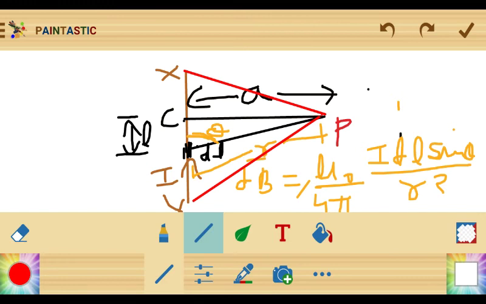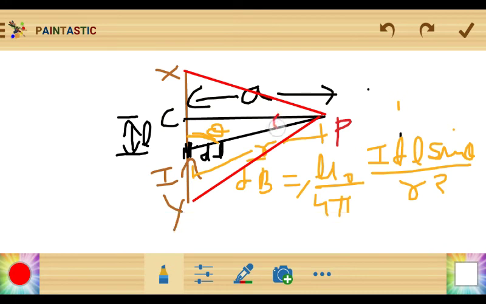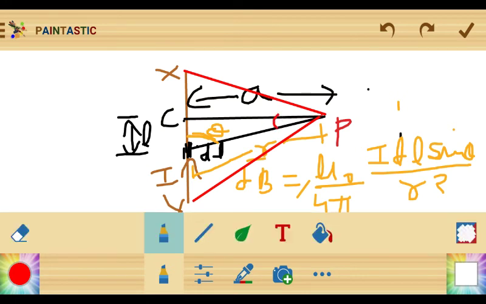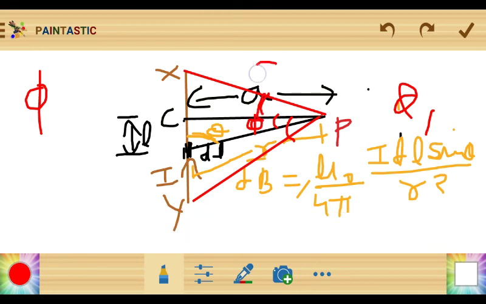Let's say this angle is phi. Now from P, we join lines to the extreme ends. From the main line CP, the angle made by PY is phi 1, and the angle from the central line to PX is phi 2.